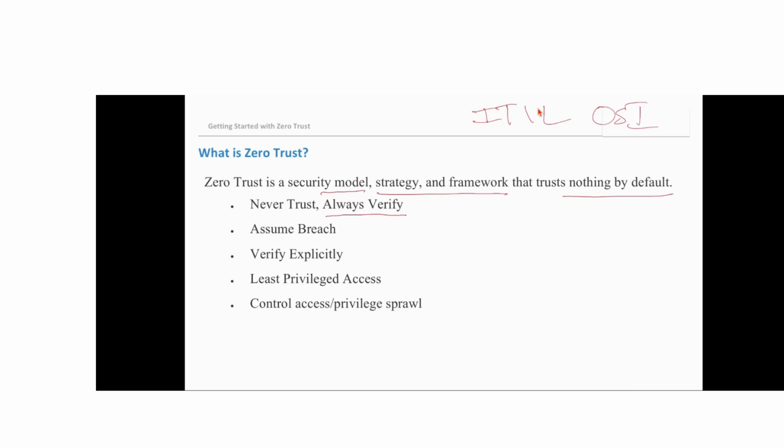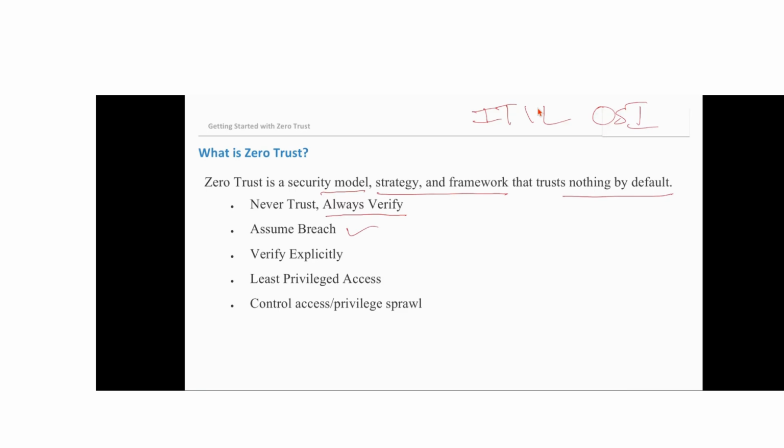I say 40 years because I've been doing this since 1980, so that was over 40 years ago. I started doing routing, which we'll talk about in a minute, in '88, '89, when Cisco came out. But anyway, we always verify, and we always assume that there's a breach. There's always a breach, and we're never going to assume that anyone is safe or who they say they are.